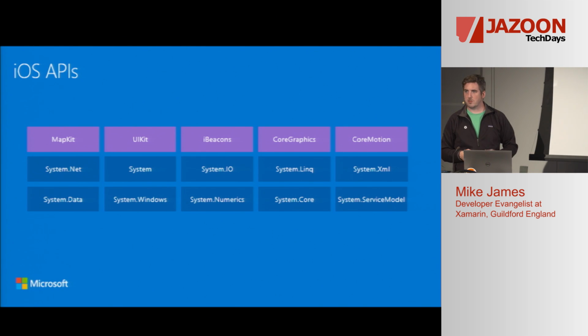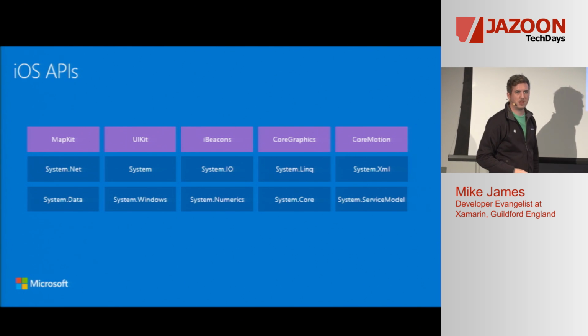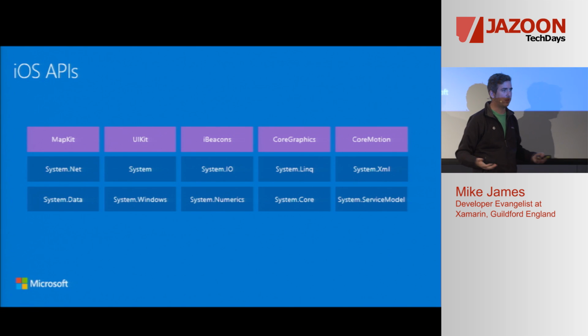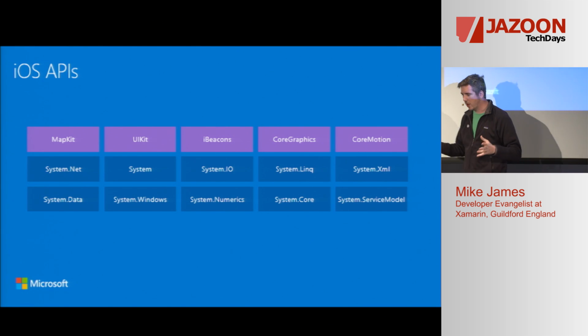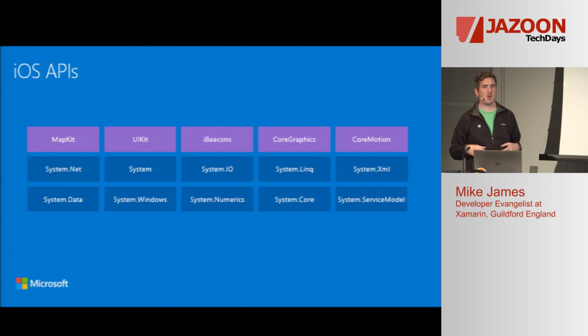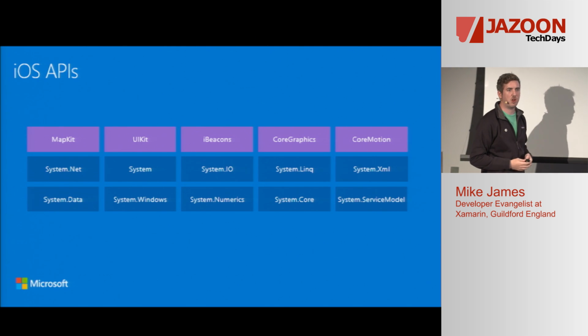Objective-C users and Swift users will sometimes try and sneak in a couple of private APIs because they want to do something a bit dodgy. It normally gets caught, and then they go onto Reddit and moan about Apple's walled garden and how strict they are. Well, if you want access to these private APIs and you want to experience an app rejection, you can do it from C# as well.